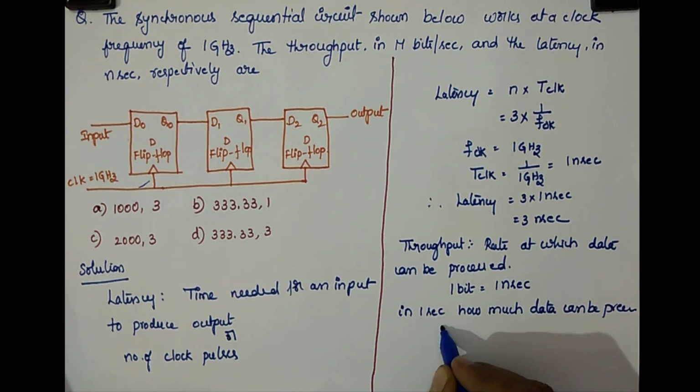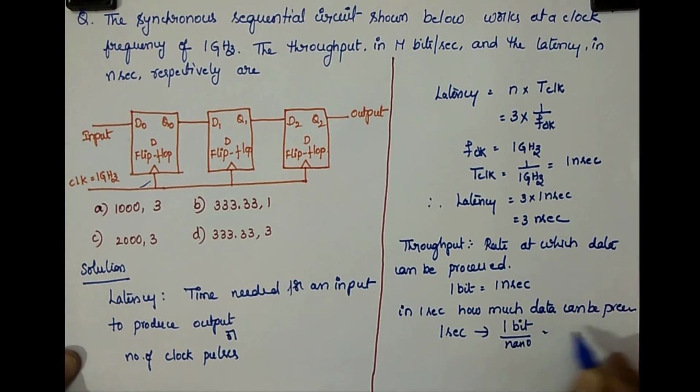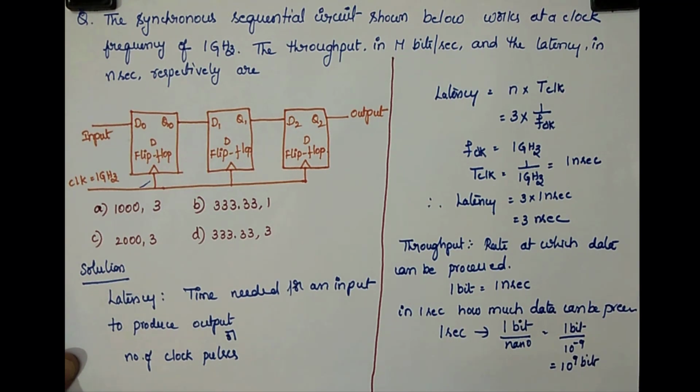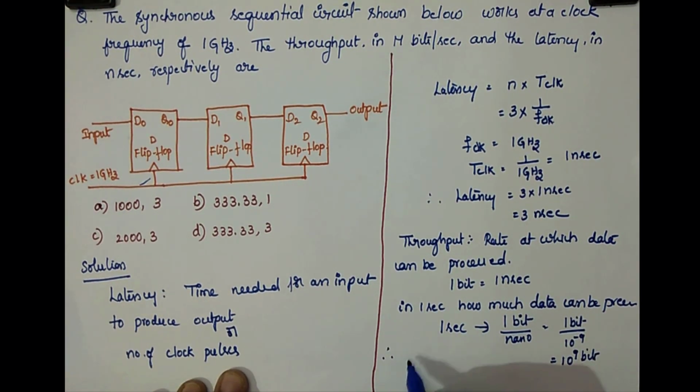So in 1 second, how much data can be processed? 1 bit by nano. This nano comes like this. So it is 1 bit by 10 power minus 9, which is nothing but 10 power 9 bits.